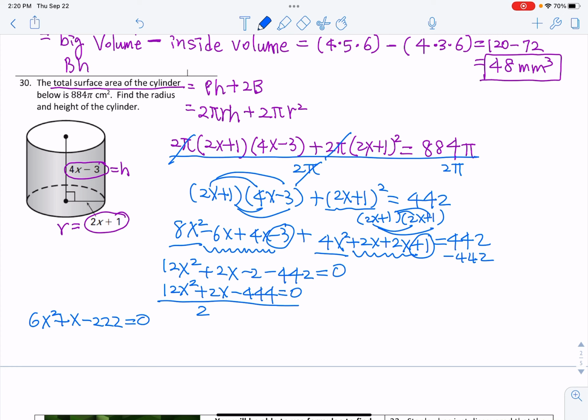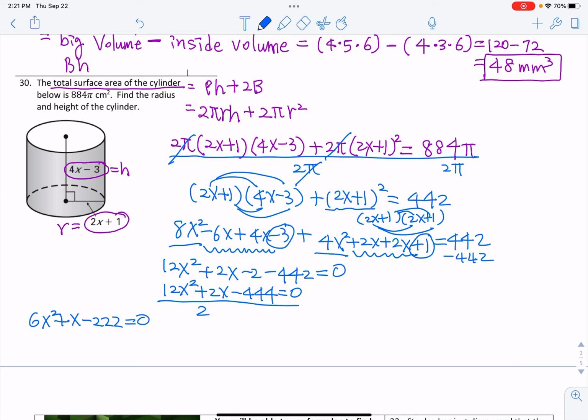What factors can you have so that when you add them together it is 1, but when you multiply together it is 6 times negative 222?